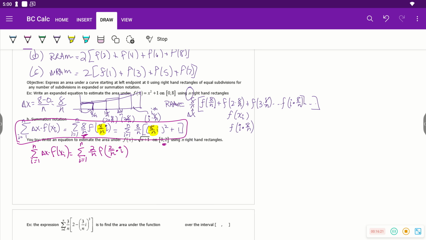The i is the pattern maker, and the sigma is the sum. And now, if I just use the function, in this case it's root blank plus 1, square rooted, and in that blank goes that 2 over n, i times.